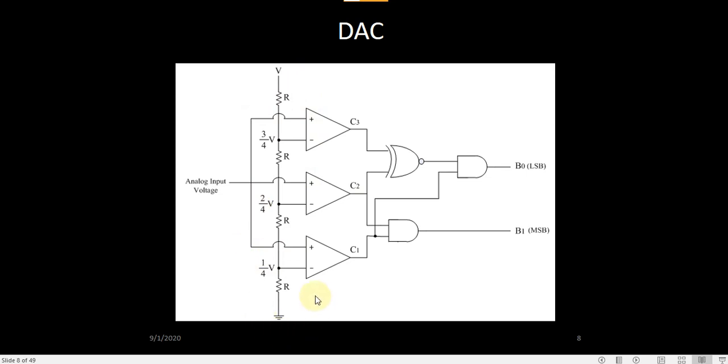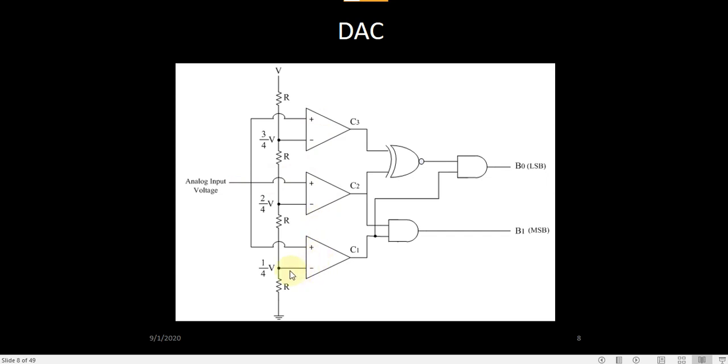so that you are very clear about what a don't care condition is. Now you will have an analog to digital converter. On top what is written is wrong; it is analog to digital converter. So you have an analog input voltage, you have given to 3 comparators.